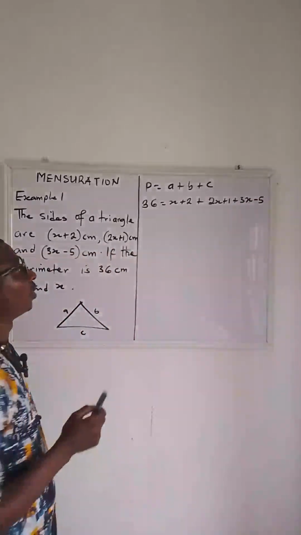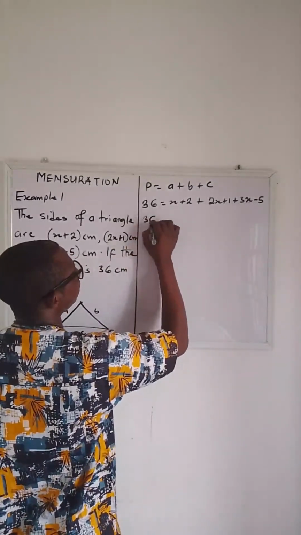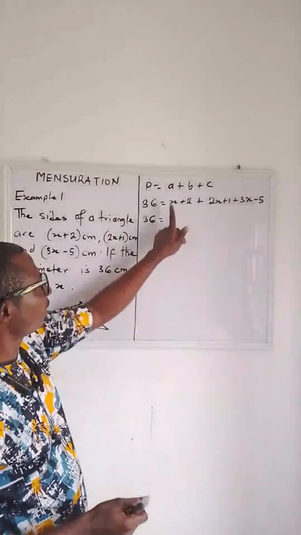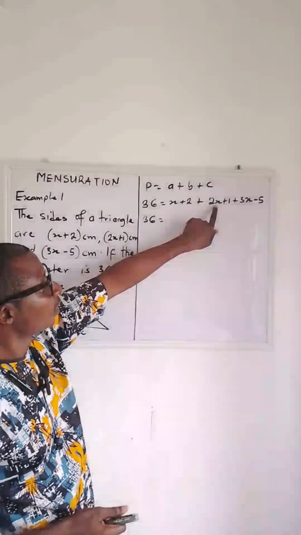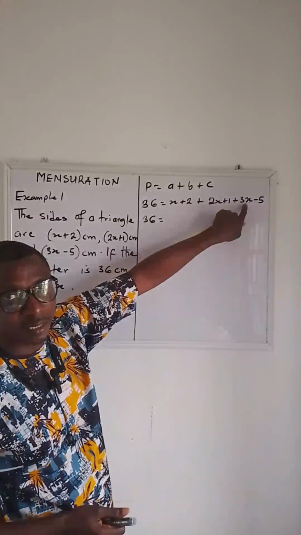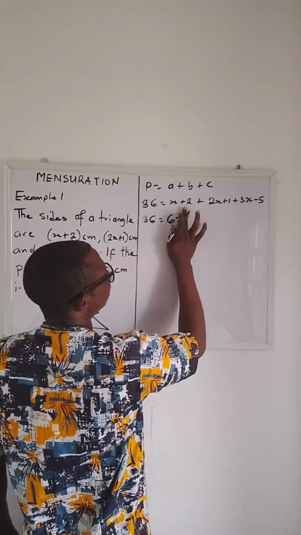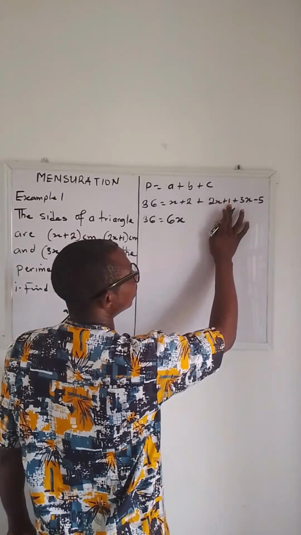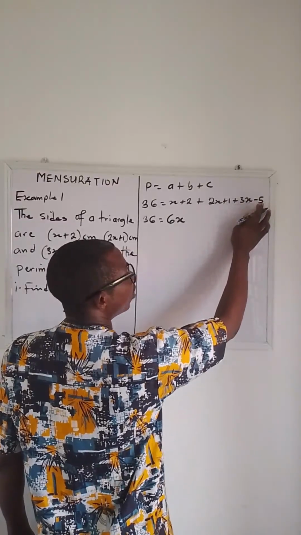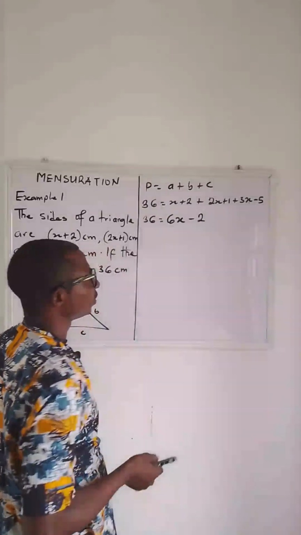Okay, now let's tidy up the right hand side. Let's add the x terms together. This is 1x plus 2x, that becomes 3x. Now 3x plus another 3x is 6x. Let's add the numbers together. We have a 2 and a 1, that's 3. Now 3 minus 5 gives you minus 2.